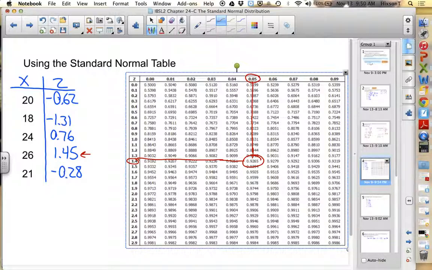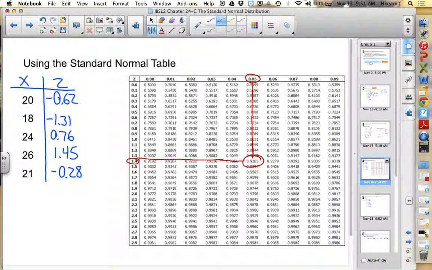Okay, so what does that mean? Well, what this means is that when we're finding a probability, okay, the probability that some random variable x is going to be less than or equal to 26 is going to be the same probability that the z-score is less than or equal to 1.45.